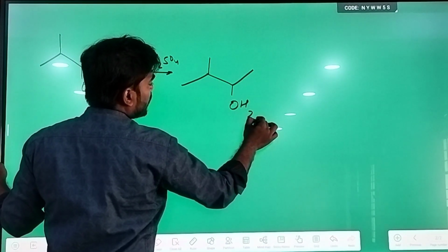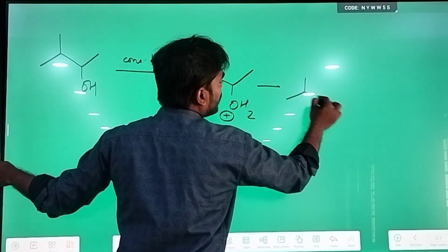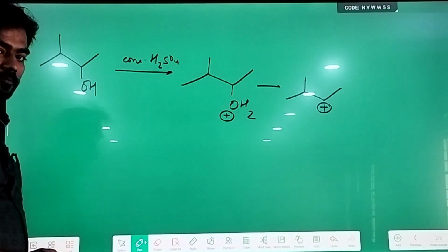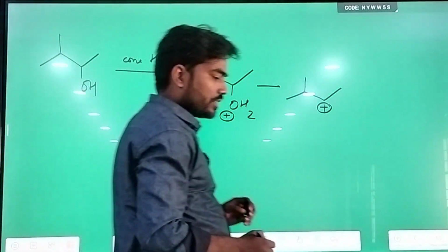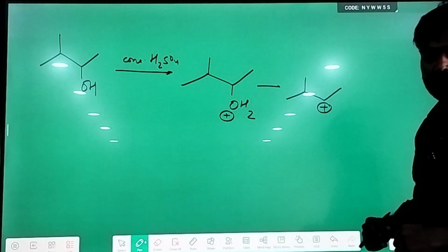This OH will be converted into OH2 positive, leading to the formation of a carbocation. Carbocation stability is checked here by hyperconjugation.